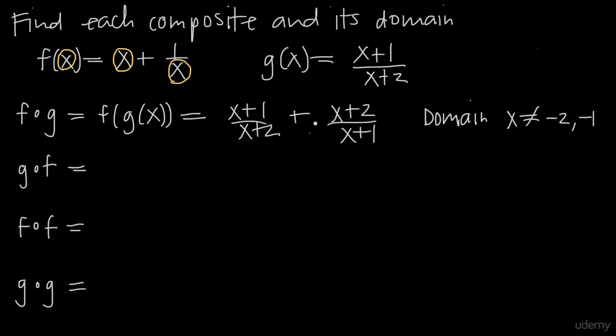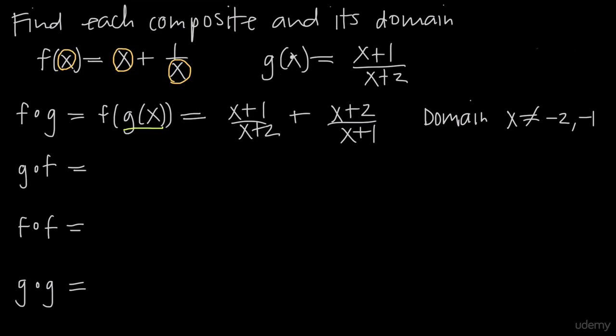So that takes into account the composite. That domain takes into account the composite function. But whenever we're dealing with the domain of a composite, not only do we have to account for the composite itself, but we have to account for the inside function. So in this case, we have f of g of x. g of x is that inside function. So we have to look at the domain of g of x.